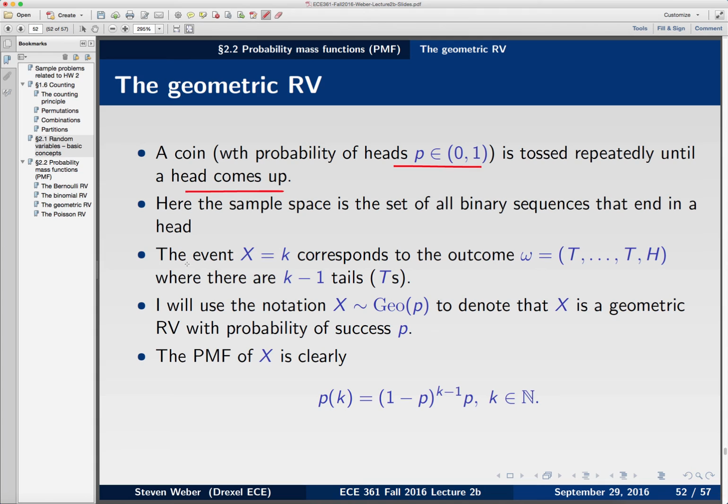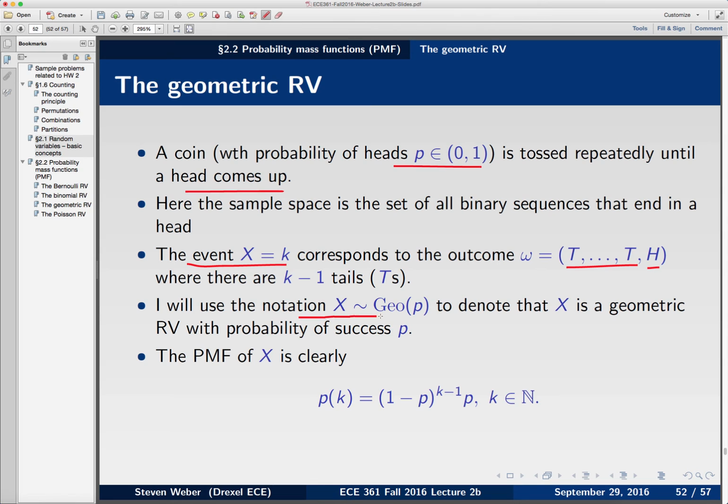More generally, the event that X equals k, for k some integer, corresponds to the outcome omega where I'll have k minus 1 tails, or failures, or zeros, followed by 1 success, or head, or 1.